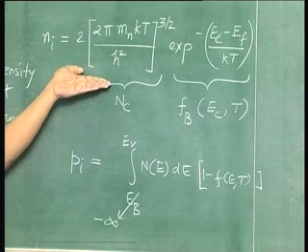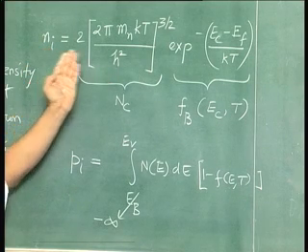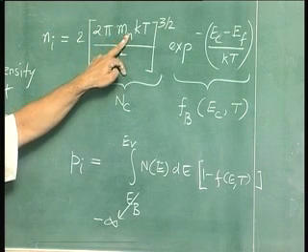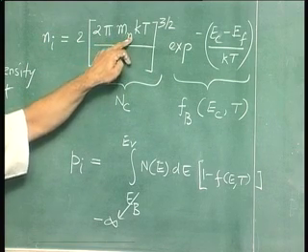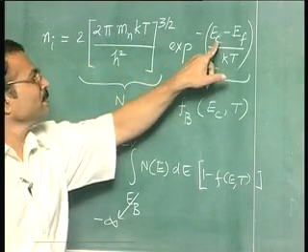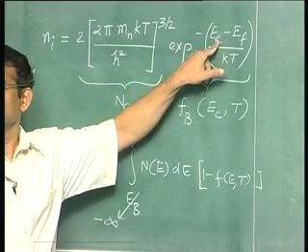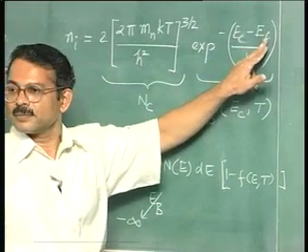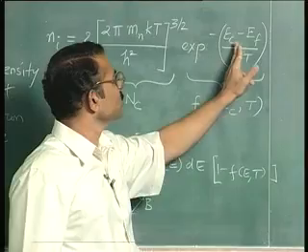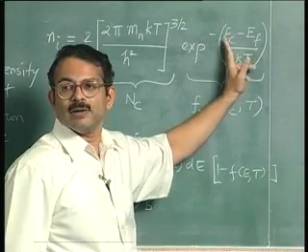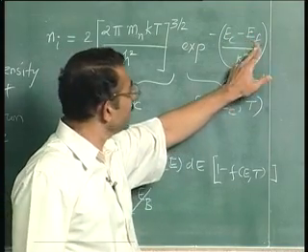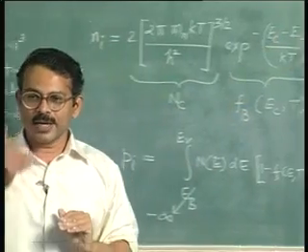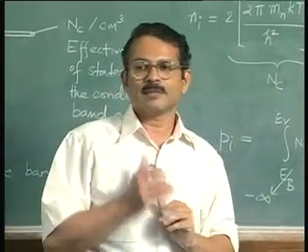So I can write down the result for Pi simply from the result of Ni. All that I have to do is replace Mn by Mp. You replace this suffix n by p. Replace Ec by Ev, and also you interchange Ef and Ev. So instead of Ec minus Ef, it should be Ef minus Ev, because this term should be positive, and you know the Fermi level is below the conduction band edge but is above the valence band edge.